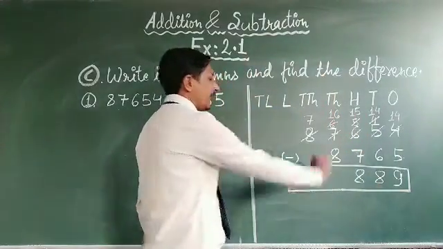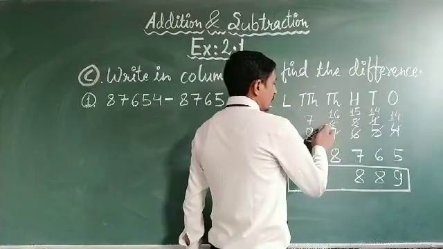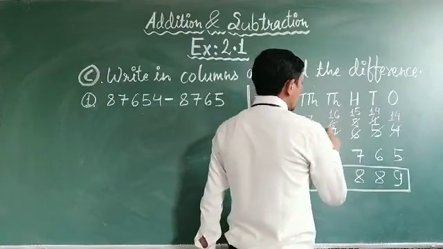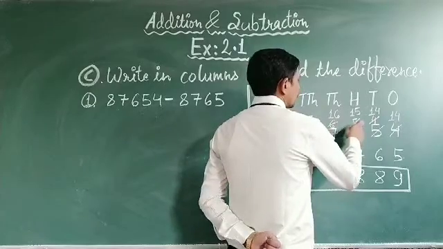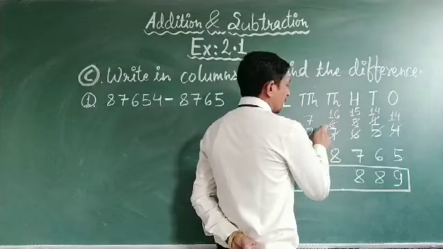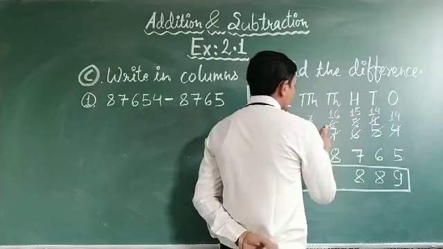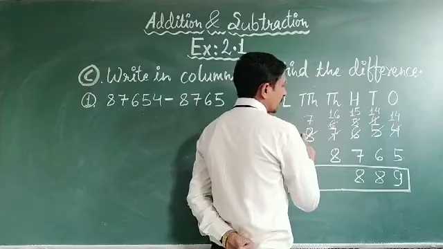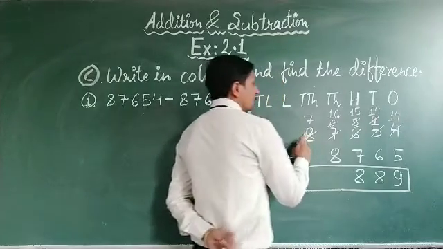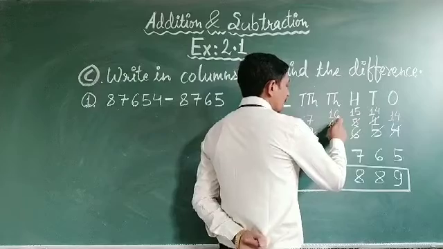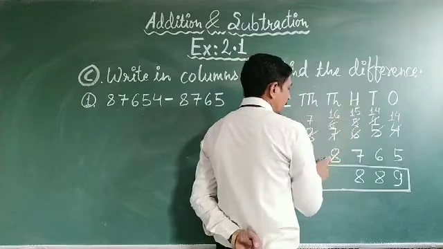Okay. Again, you see when we borrowed 1 to this number, it becomes 6, and now 8 is not subtracted from 6. Then what we have to do, we have to again borrow 1 from the number which is left of the given number, that is 8. So when we borrow 1 to the number, it will become 16, and now we can easily subtract 8 from 16.